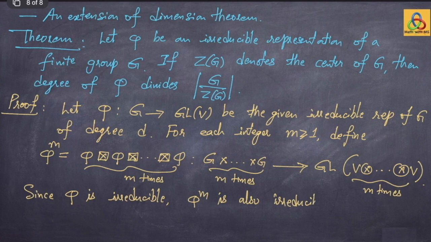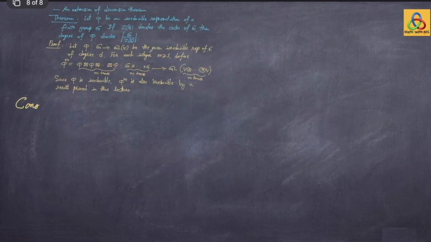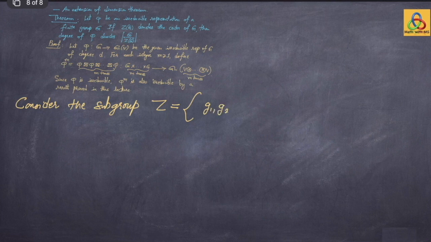Since phi is given to be irreducible and we know that exterior tensor product of irreducible representations is irreducible, phi superscript m is also irreducible. We proved this result in this lecture. Now consider the following subgroup of the m-fold Cartesian product of G with itself.